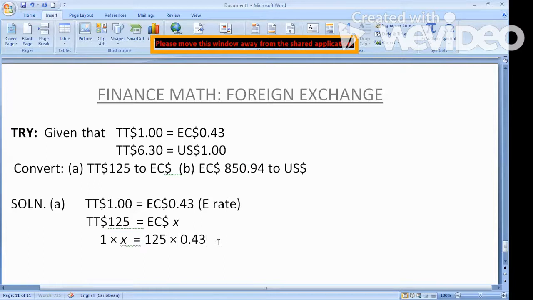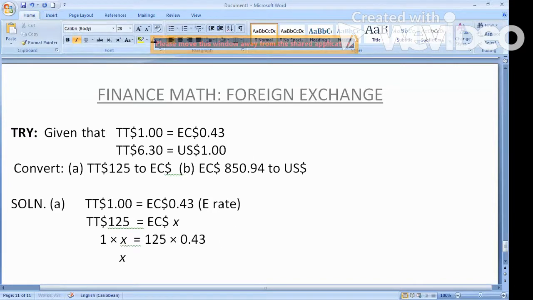All right. So on this line, you say 1 times x will give you x, based on how I'm doing this. And your answer is going to be in EC currency, not true? Yes, sir. All right, how much did you say again?